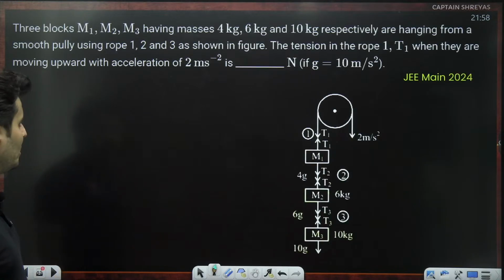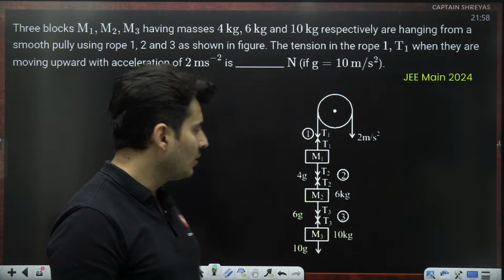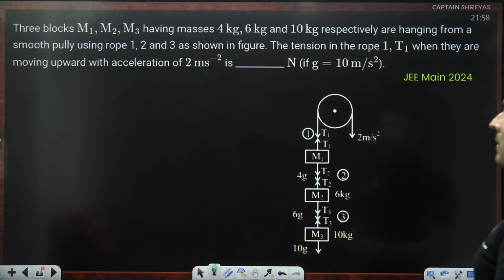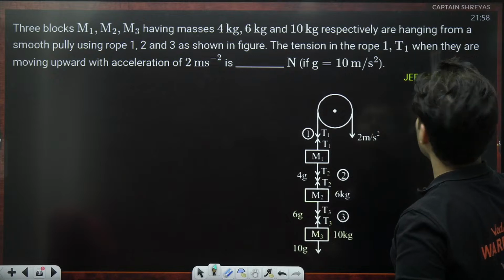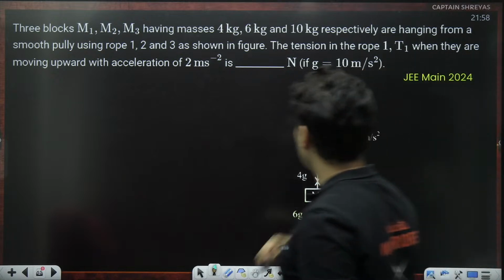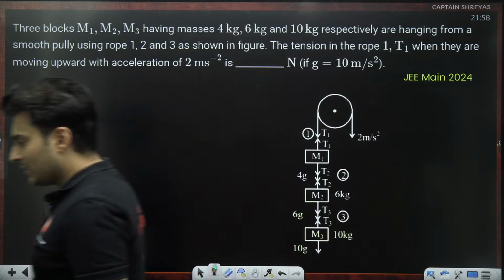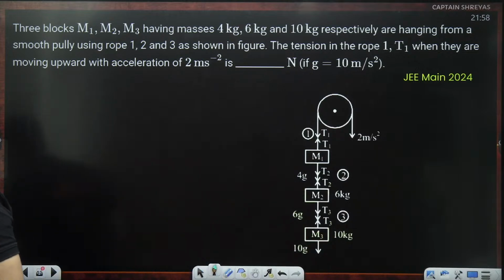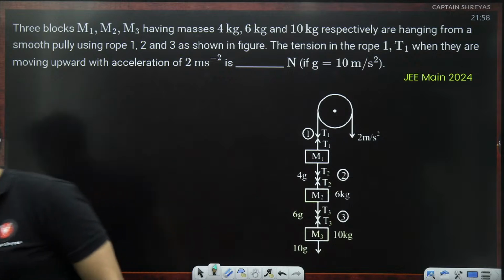Okay, let's come to the numerical part now. Here is a numerical question coming up on your screen. The blocks M1, M2, M3 having masses 4, 6, 10 are hanging. Tension in rope 1 is T1 when they are moving upward with an acceleration of 2. The question is to find T1. Yes, option A was the correct answer for the previous one.